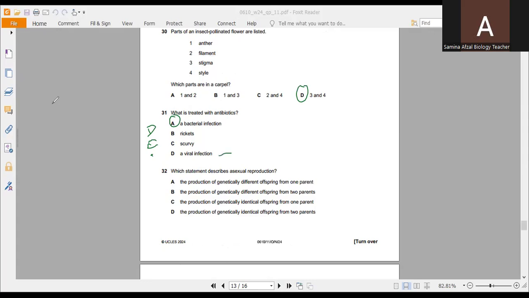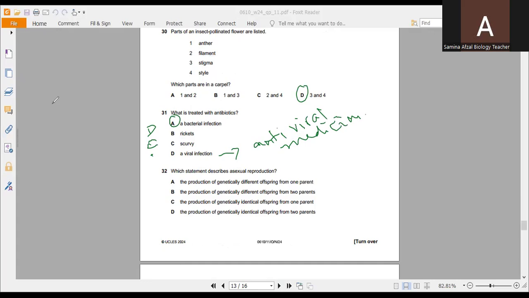For viral infection, antiviral medicines are there. So only bacterial infection can be treated with antibiotics. So A is the correct option.